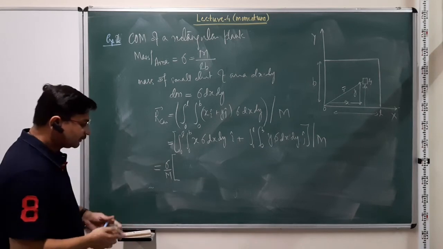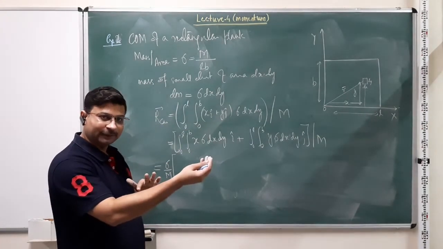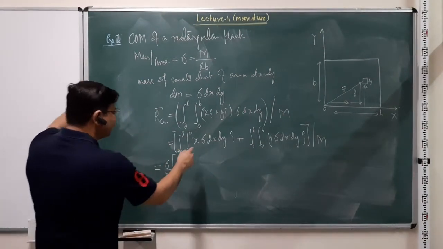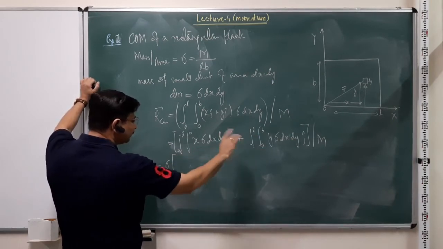Since x and y coordinates are independent, the integrals also can be done separately, so there is no mixing there. Basically, x dx will be solved, and dy in this case will be separately y.